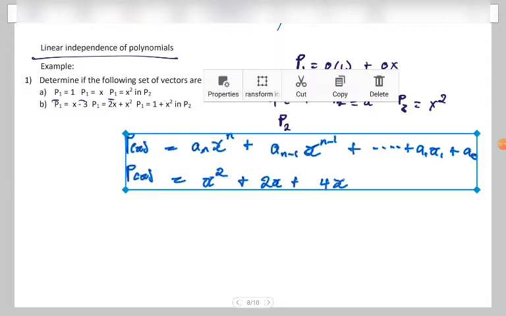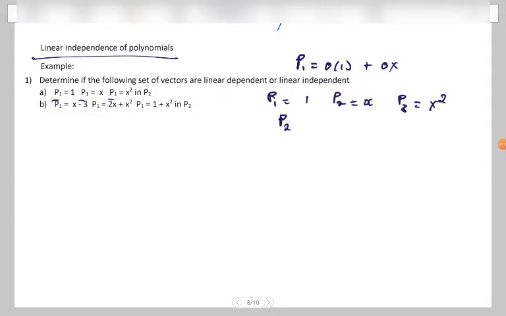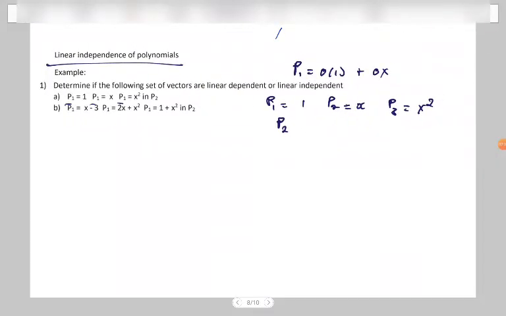Now we're going to take these polynomials and check if they're linearly dependent or linearly independent. The polynomials in P2, remember, are given by a2 x squared plus a1 x to the power 1 plus a0 x to the power 0.